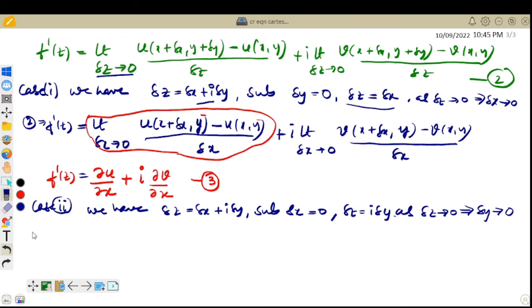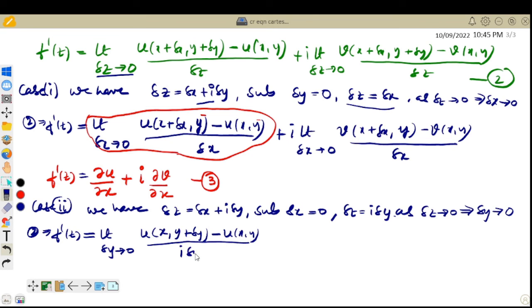Now look at equation number 2. It becomes f dash of z is equal to the limit as delta z, meaning delta y, tends to 0, of u of x comma y plus delta y, where delta x is 0, minus u of x comma y, divided by i delta y, because delta z is equal to i delta y, plus i times the limit as delta y tends to 0 of v of x comma y plus delta y, substituting delta x equal to 0, minus v of x comma y, divided by i delta y.